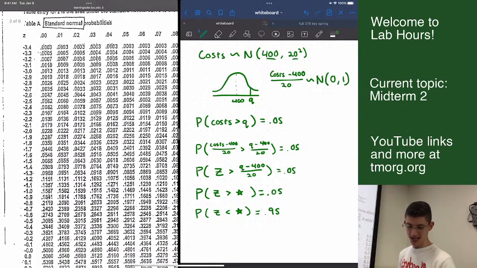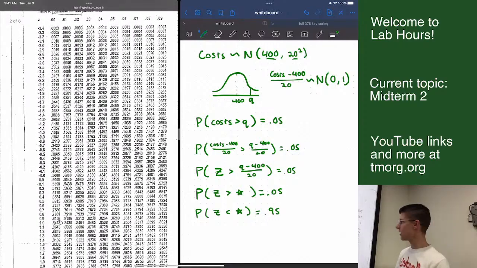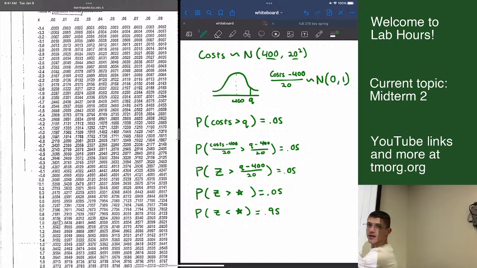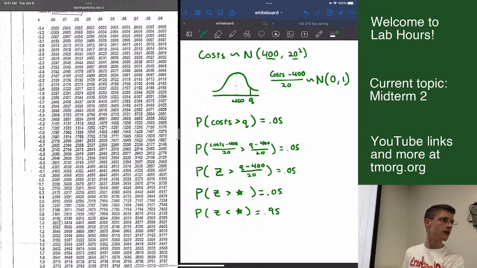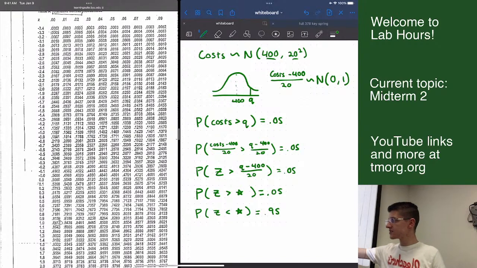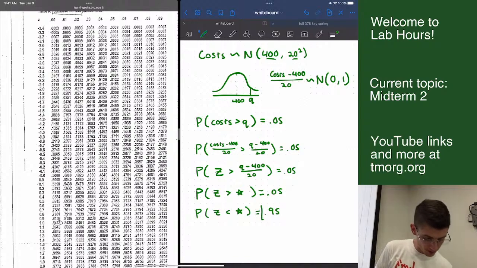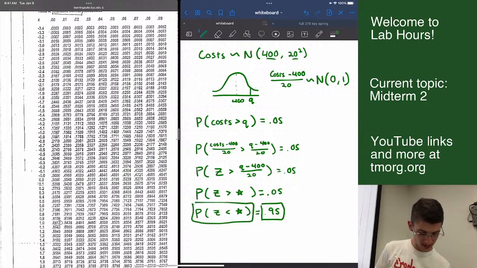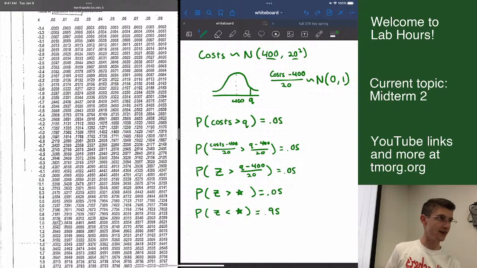Question, do I take z and on the left column go and find the part where it is 0.9 and then walk over to the 0.5 column? Is that what I do? Why not? The probabilities are in the middle, and the probability that z is less than this value is 0.95.